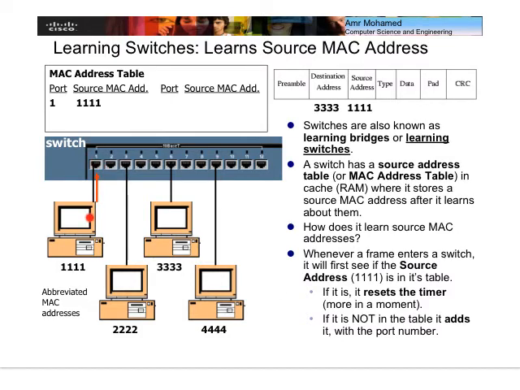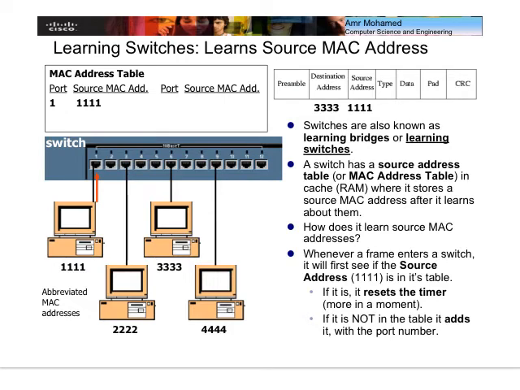Once I know this piece of information, I put it in the table. So I will add that port 1 is connected to 1111. That's one piece of information that I learned so far. And then I will send the frame. In order for me to send the frame, let's look at the table for the destination address.